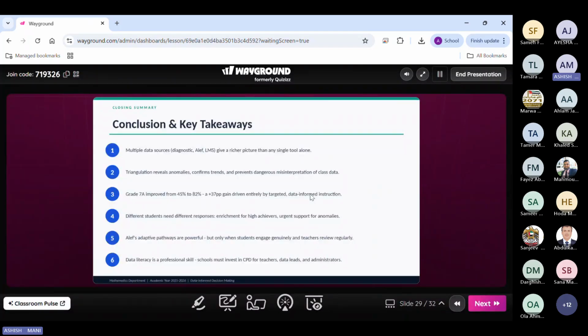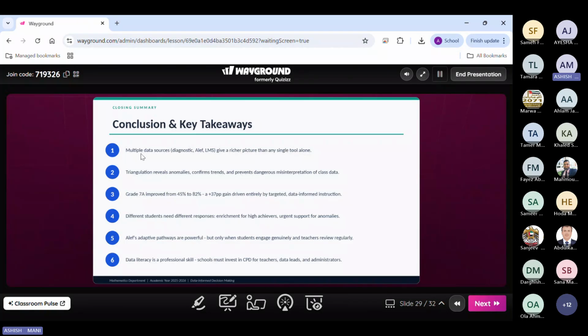Now, we will come to the conclusion. To conclude, multiple data sources give clarity. The triangulation method that I used prevents mistakes, and every student needs a different approach. Here we see those who are at the RAG framework, I can give them different instructions in the further lesson.